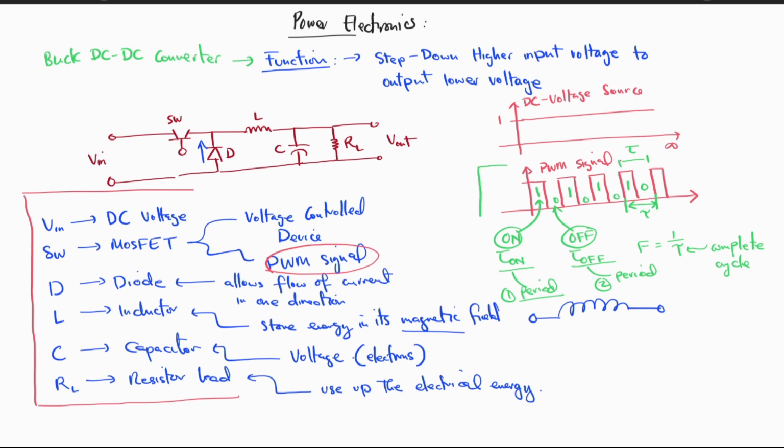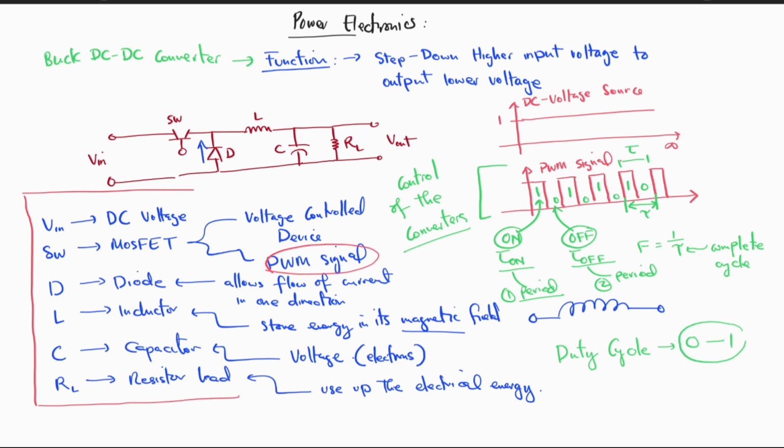And I want you to fully understand the PWM signal, because this PWM signal will be the control of the converters. Without this PWM signal, we cannot convert a voltage of higher magnitude into a voltage of lower magnitude. And if we now discuss the PWM signal, we have the duty cycle, which ranges from 0 to 1.